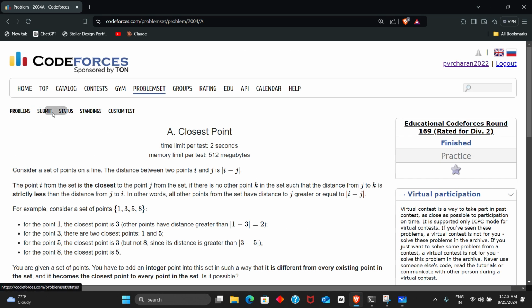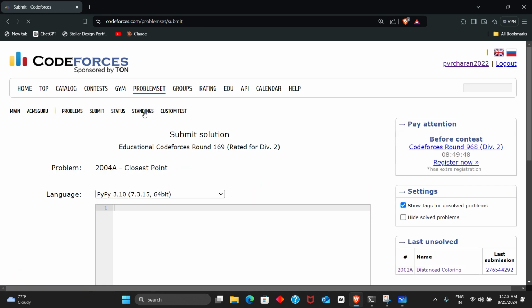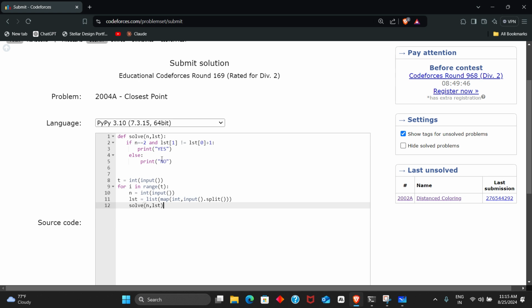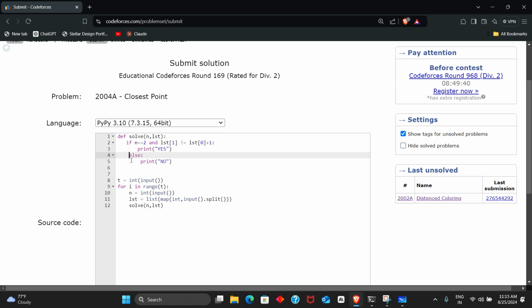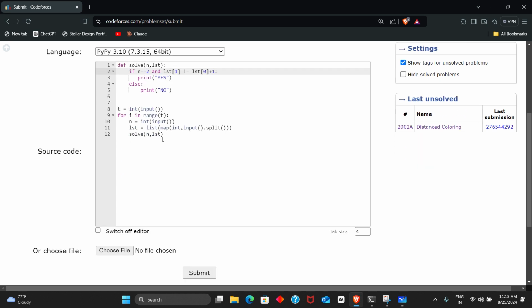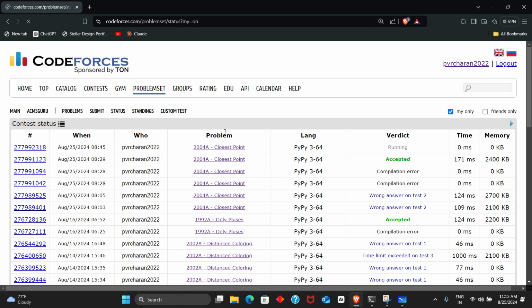Let's go submit. Is there any indentation error? I think so. Yeah, exactly. That's fine. So let's submit this.